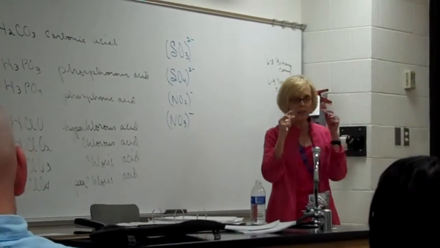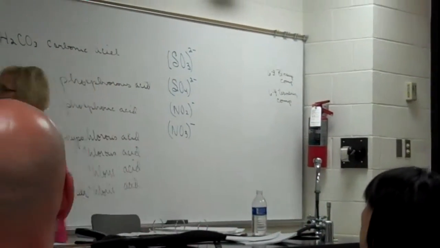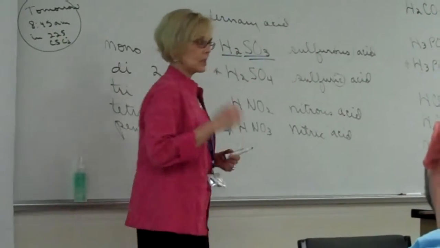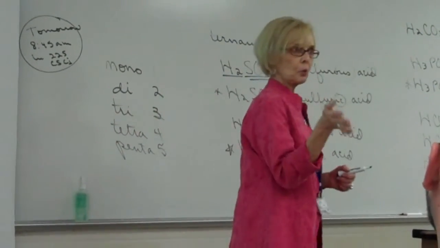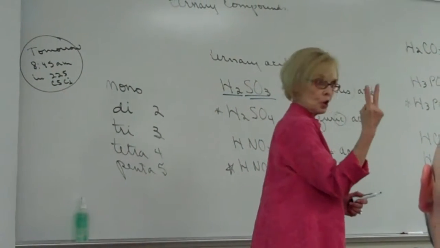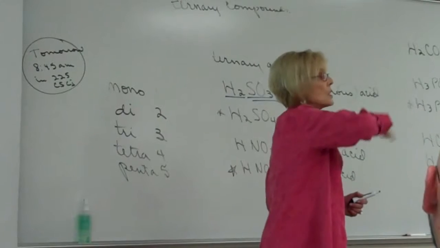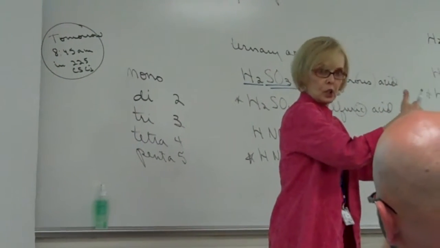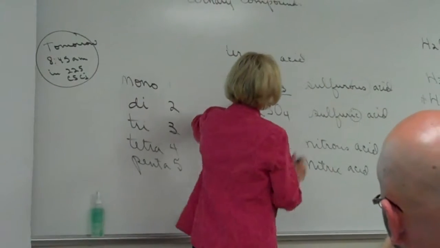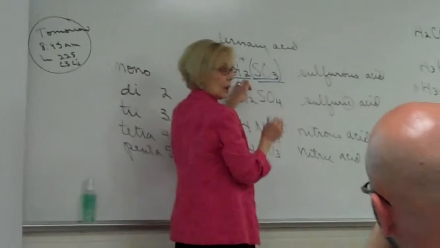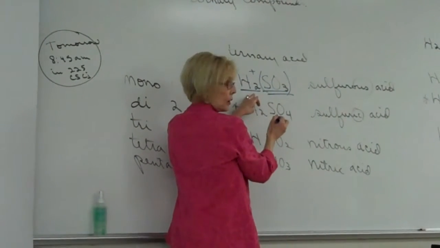I see some slightly furrowed brows. Let me come over here. We have positive, negative, because in our compounds, there's only going to be 1 positive and 1 negative. If you're getting more than the 2 things, you have split apart a polyatomic ion that is joined together. So, hydrogen we know to be +1, and I have 2 of them.